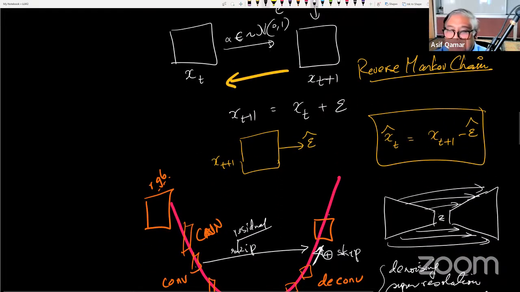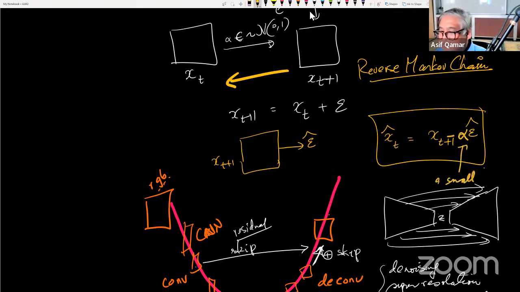So this one needs a bit of correction. You take a small bit of noise. This is somewhat like the learning rate. When you know the gradient, you don't just hop the full magnitude of the gradient during the weight update. You take a little learning step. It is in the same flavor. And so those are diffusion models.